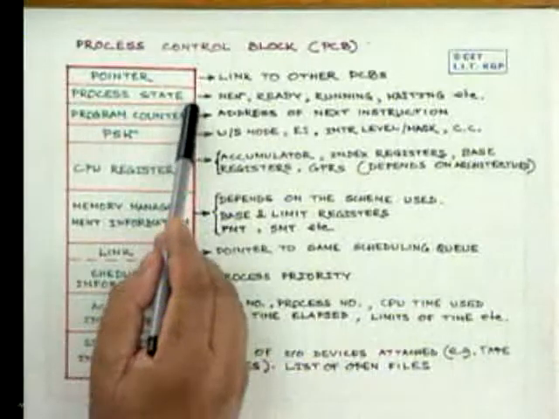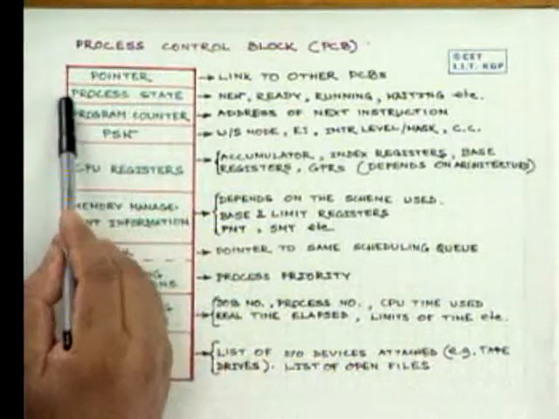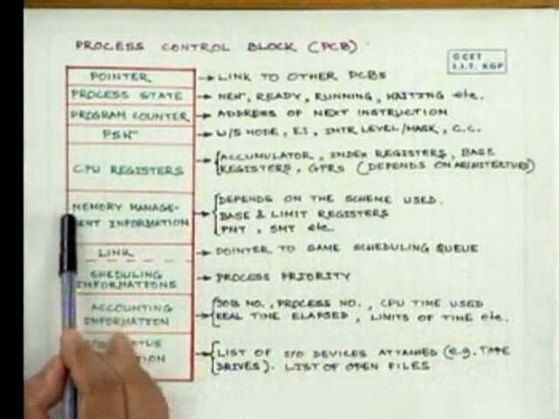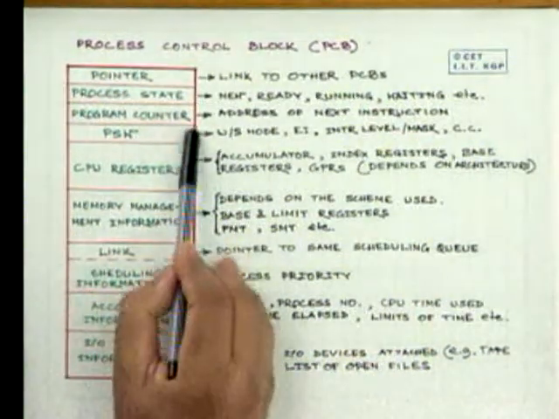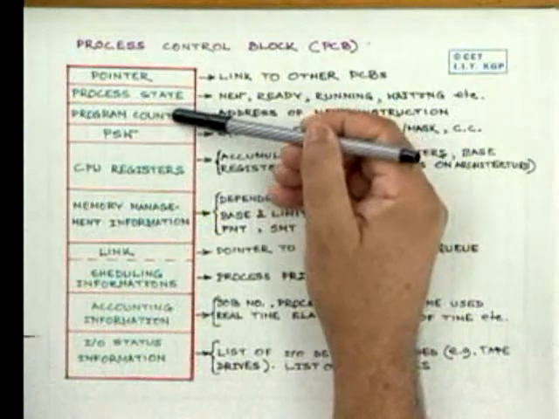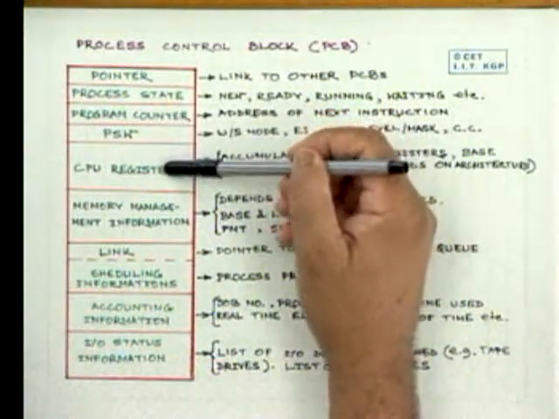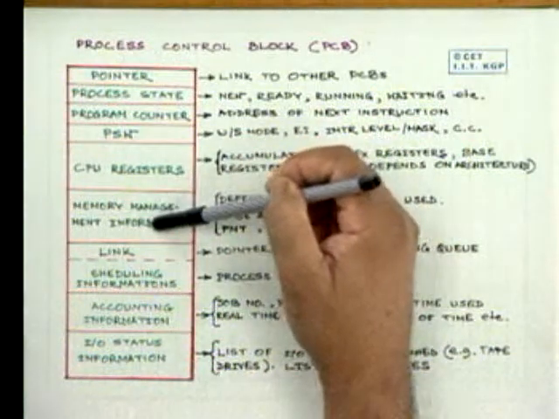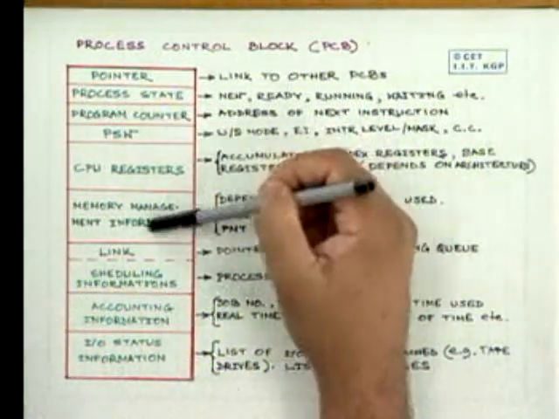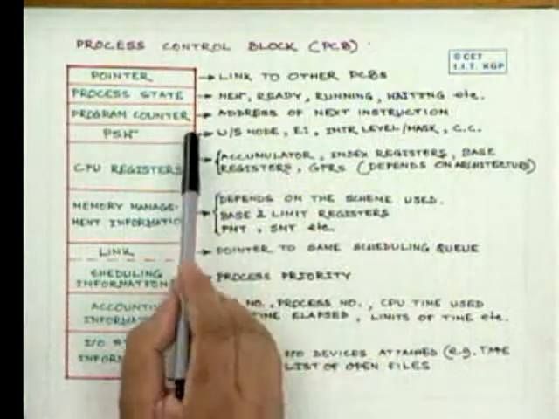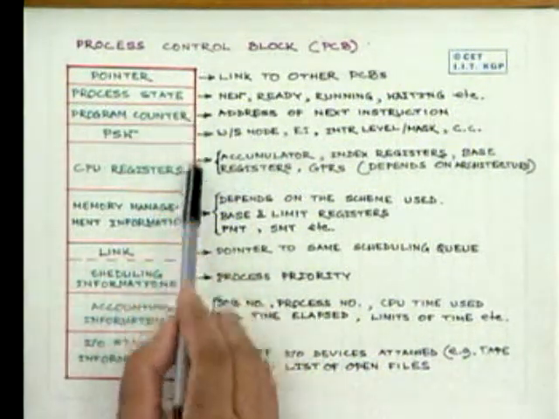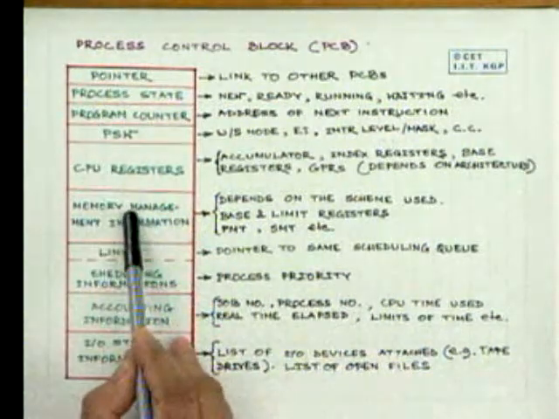Another important thing: starting from the program counter to the memory management information, that means the program counter, processor status word, copies of the CPU registers, and the memory management information, these fields naturally have their hardware component.